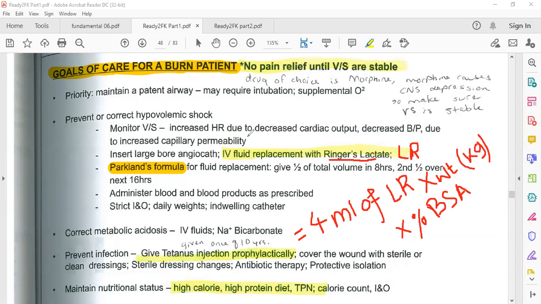While maintaining and checking the airway, singed eyebrows, nasal hair, and also sputum indicate inhalation damage.